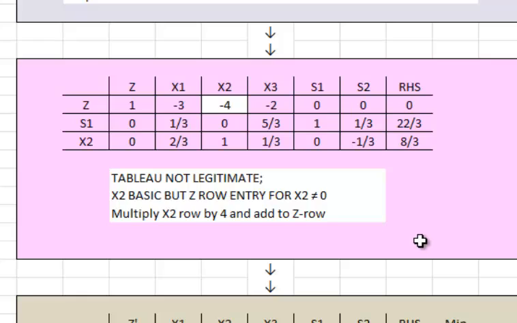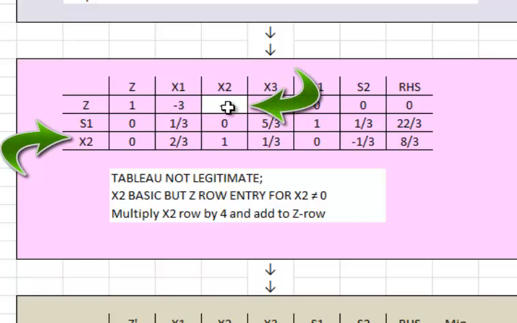At the start of phase 2, we will notice that the created tableau is no longer a legitimate tableau because x2 is a basic variable and its entry under the z is not 0.